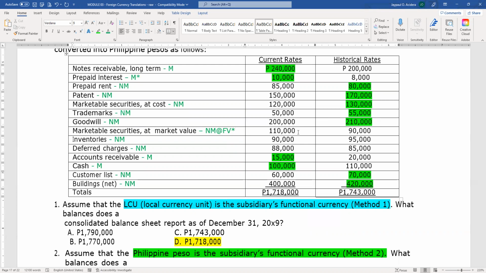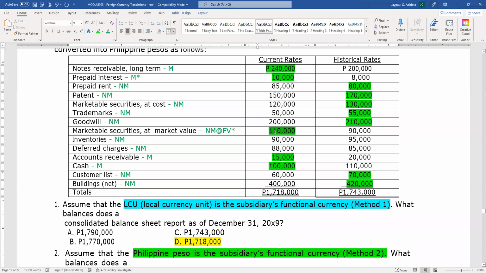Di ba at the end of the accounting period, which uses the closing rate, no? The closing rate is also equal to our current rate. So in short, kapag mga non-monetary asset at fair value, okay, we use the fair value determination date. So in this case, we use the current rate. Okay? Pag marketable securities at market value.